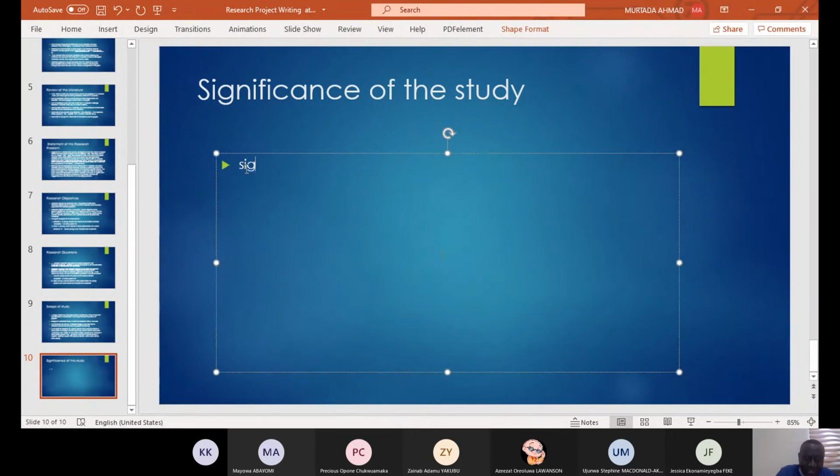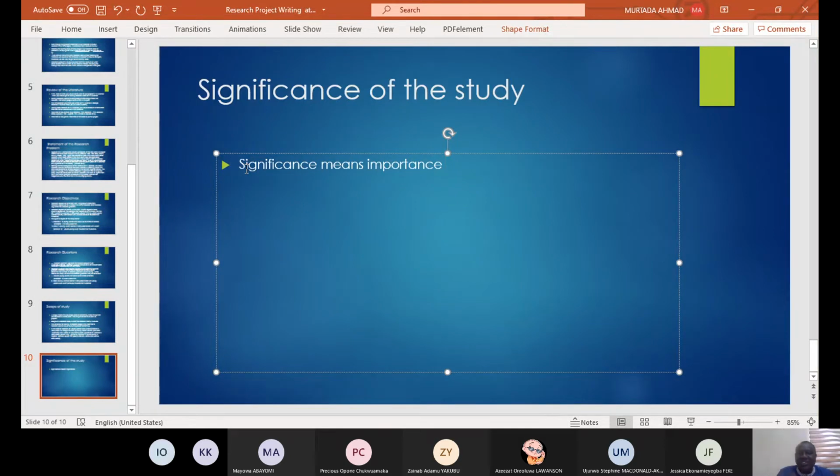When you say significance, it means importance. Significance means importance. To an extent, it revolves around the essence of something.